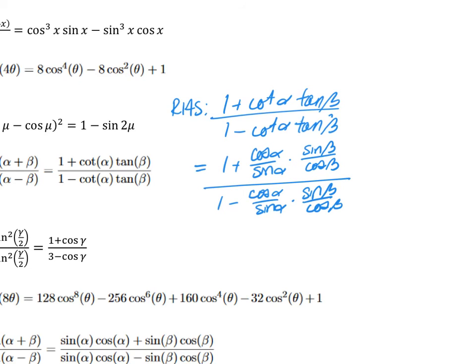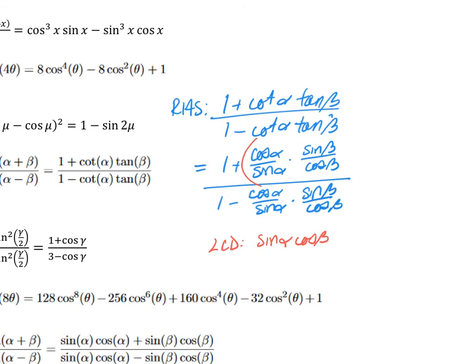Now, what I have is a complex fraction. I have a fraction within a fraction. So what I like to do is clear my fractions by multiplying by my lowest common denominator. My lowest common denominator of all of my fractions within the fraction is sine alpha cosine beta.